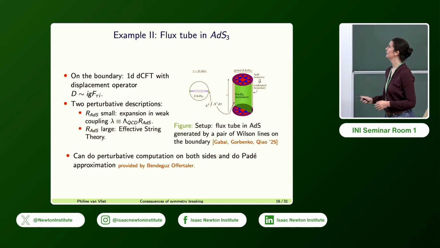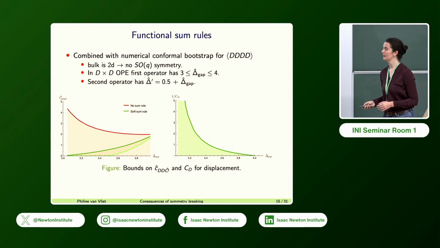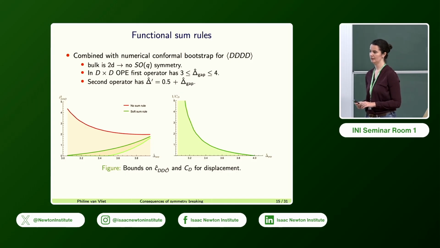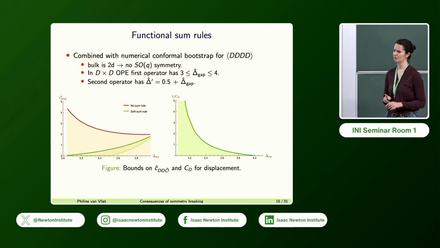And let's now go to, yes? If this was a boundary condition for a 2D CFT, then you would know that the displacement would be part of the identity module, right? No, in that case you have the displacement as the first operator in your OPE, right? Yeah, so if it's a boundary condition, it's part of the identity module, and then you have it in the OPE.